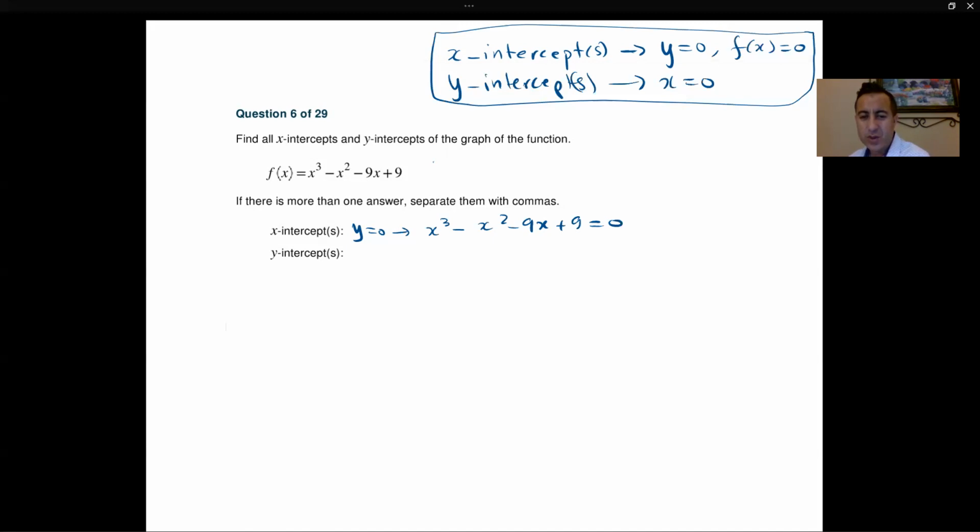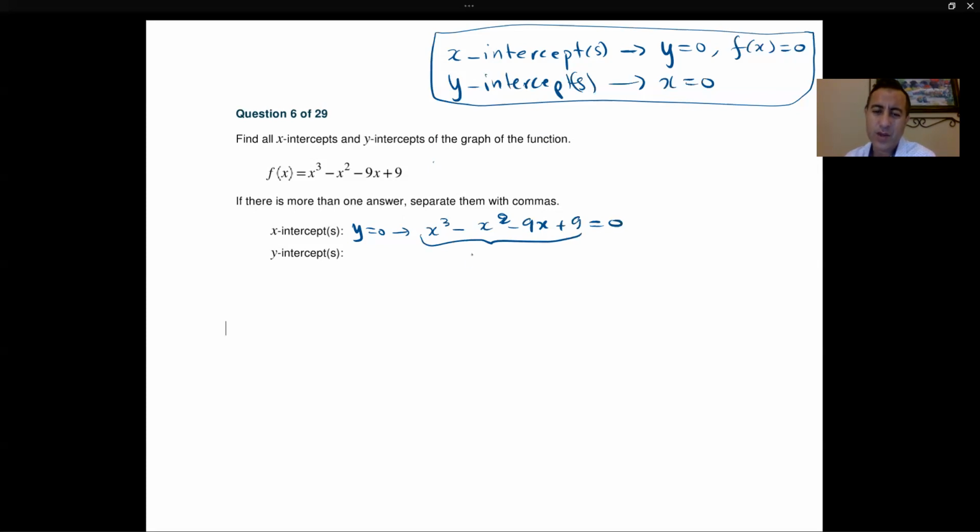At this point, we try to solve, but we haven't studied different methods. Probably we did some of them, but not all. So this is a third degree, but we did work something like this where we have 4 terms, right?